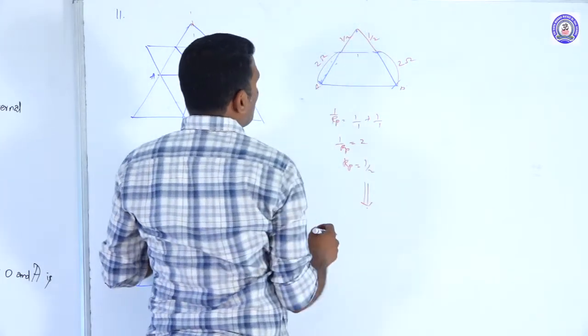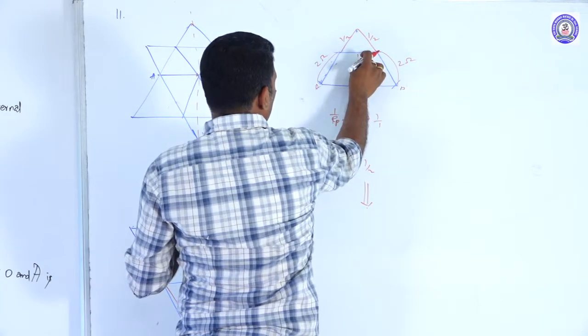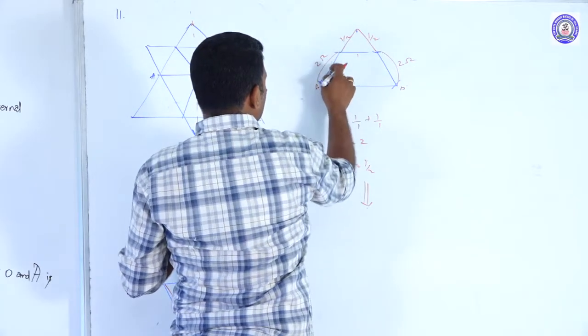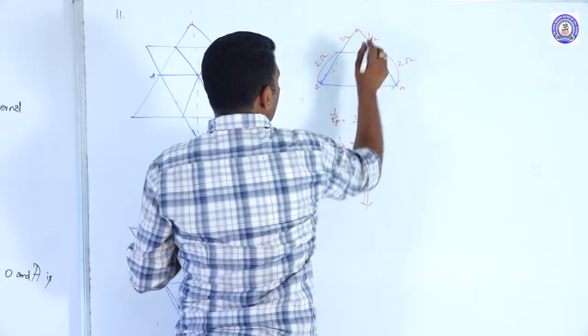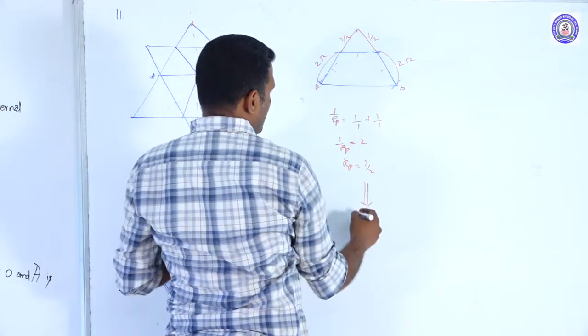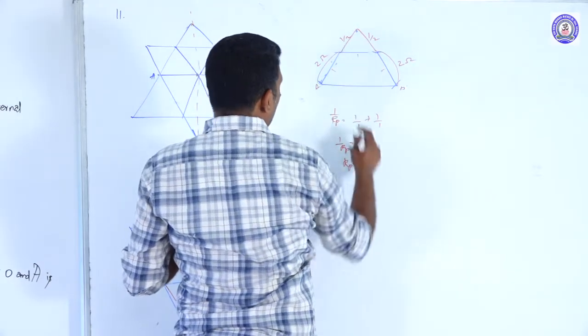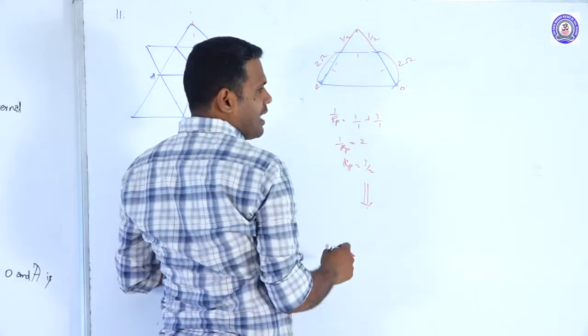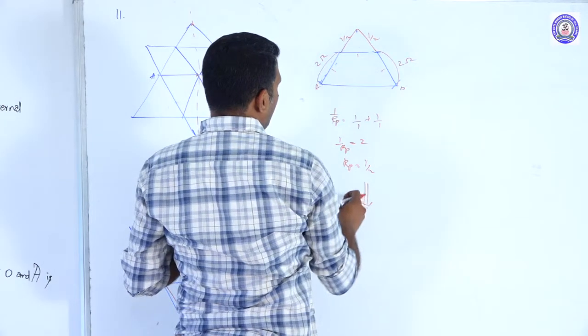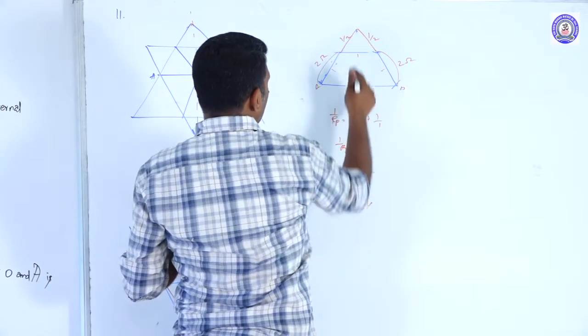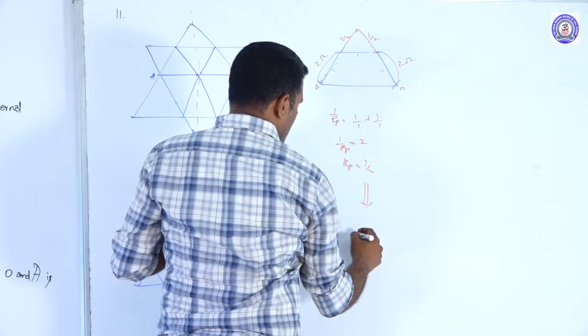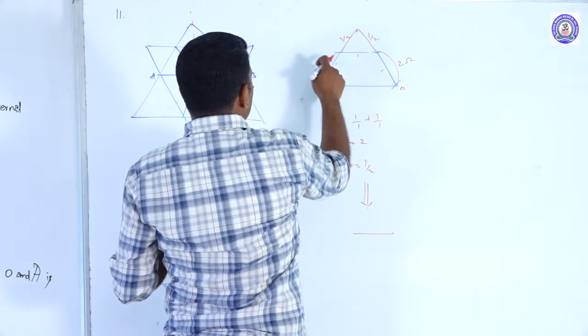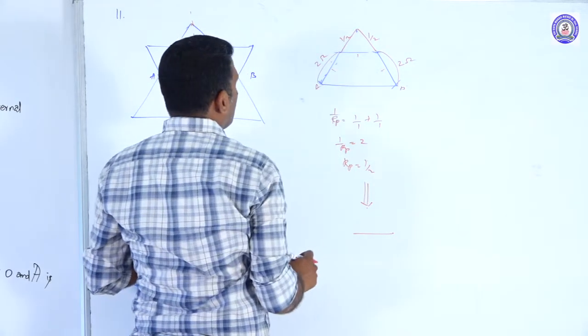This half ohm and half ohm will become 1 ohm, and this 1 ohm is there, this 2 will become parallel, and this 2 become parallel. We can finish it off. So half and half is 1 ohm. 1 ohm and 1 ohm are in parallel, so we will have Rp equals 1 by 2. So the effective value of this resistance will be 1 by 2, and these two resistances are in parallel.